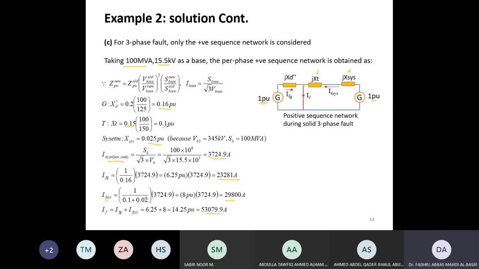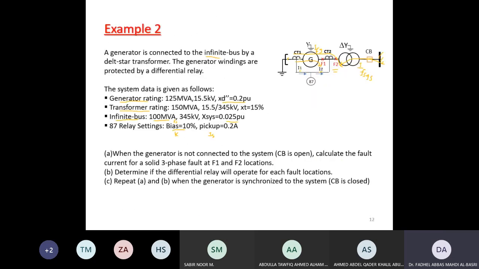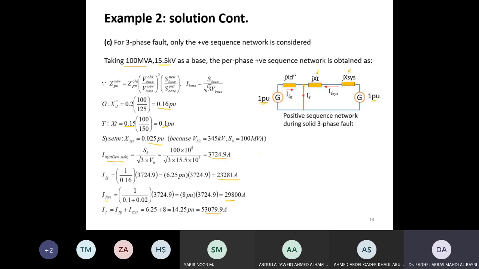So the current that will pass through these two CTs is not the total fault current, only the fault current that comes from the generator side or from the system side, depending on the fault. For the fault at F1, the fault current that passes through CT1 goes from the generators, and the current that passes through CT2 is coming from the system. So I need to know these two values, this and this.